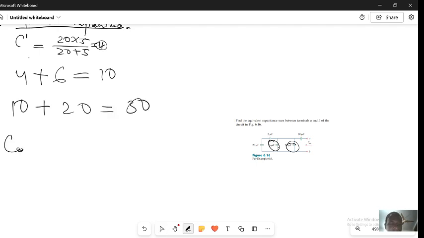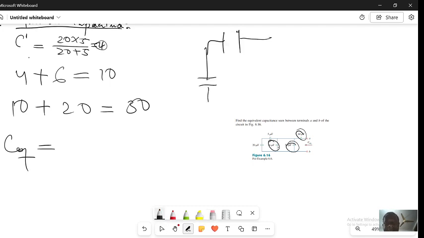Now my C equivalent, this 30 and this 60, will be in series, because my equivalent circuit will now be this one. It's not a resistor, it's a capacitor. So I will have like this one and this one. So I will have C equivalent here.